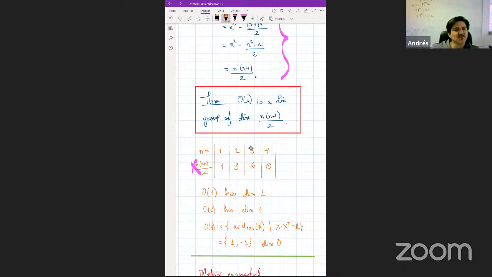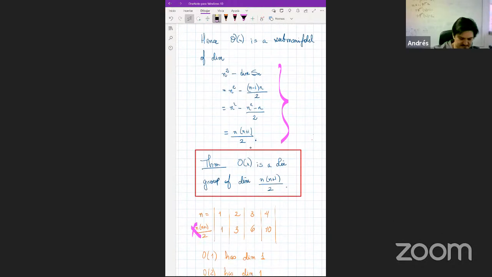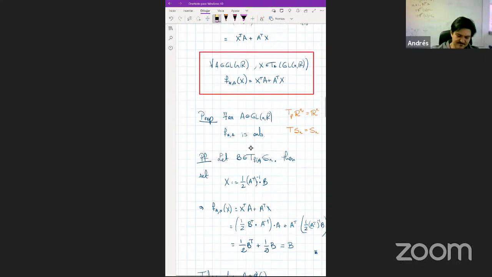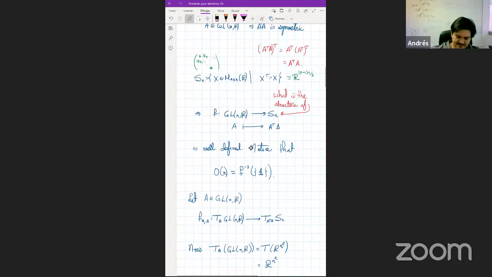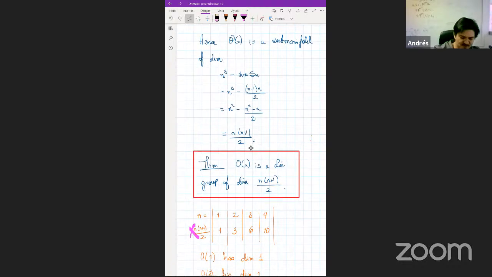And this is dimension 0. Okay, so I think I made a mistake here. Let's see. Okay, so then it must be in the algebra. There's something wrong here.